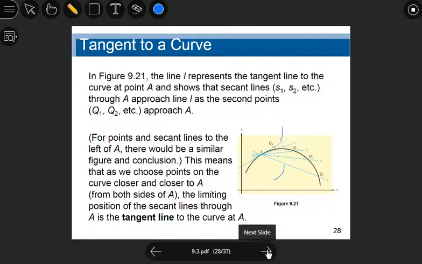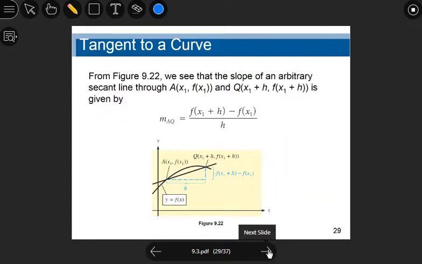Now we are going to find the equation of a tangent line. So this is the derived formula. The idea here is this is the difference f(x plus h) minus f(x), and this is the difference of the independent variable, h.